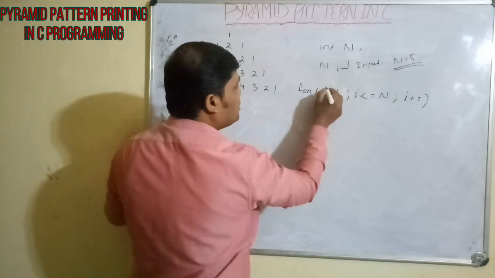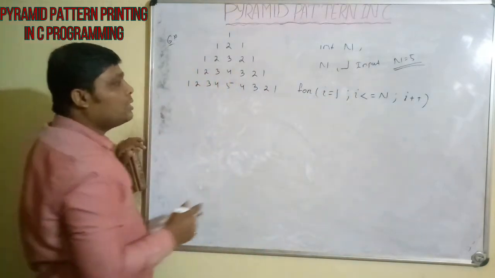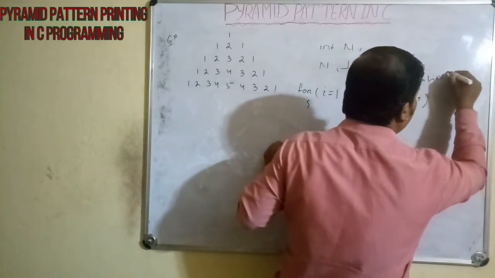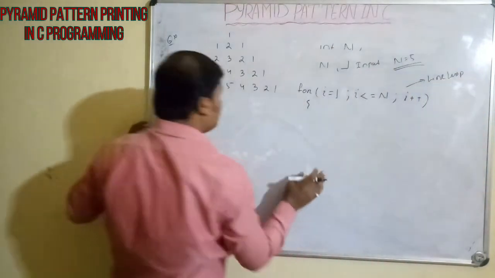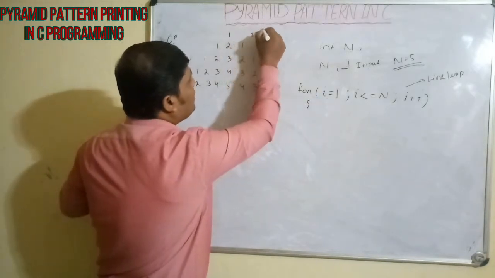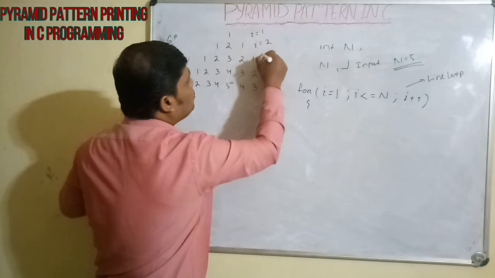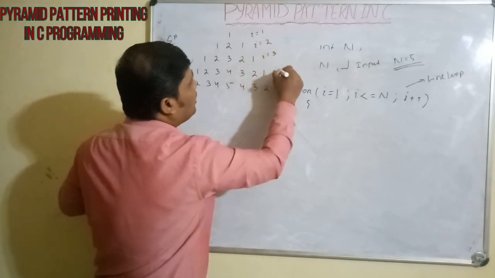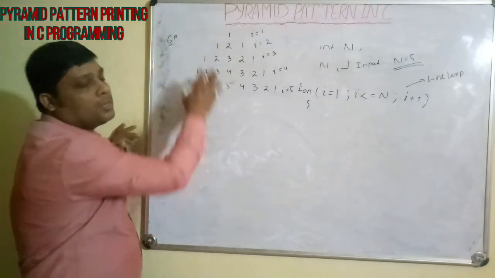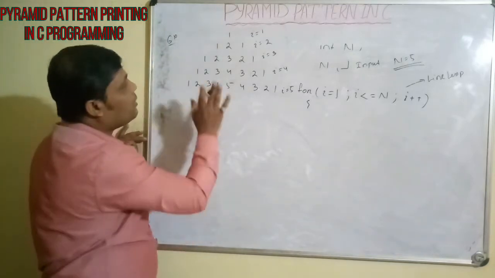This is the line loop. You can see i equal to 1 means this is the first line, then i equal to 2, i equal to 3, i equal to 4, and i equal to 5. The number of lines is 5.